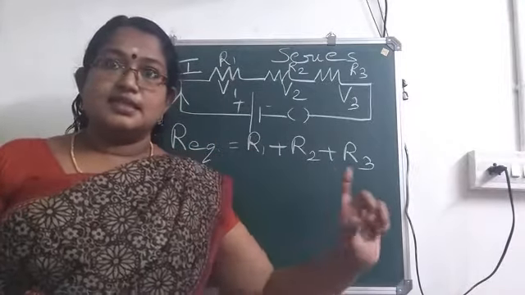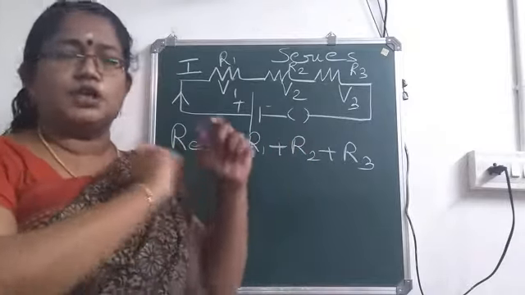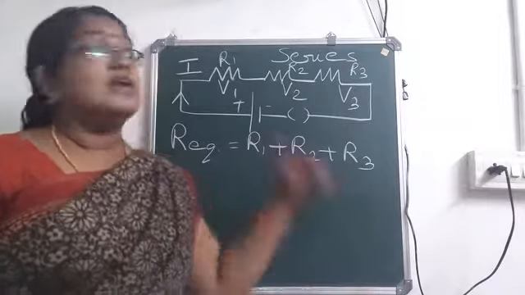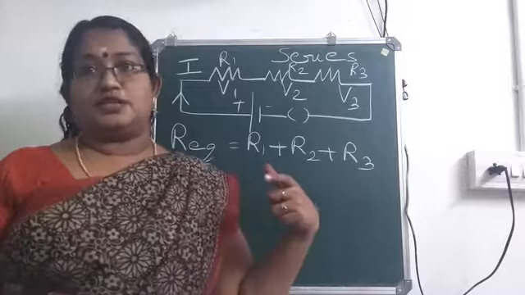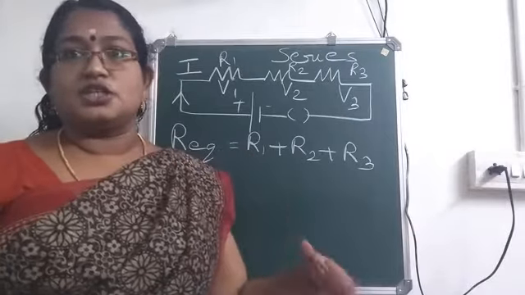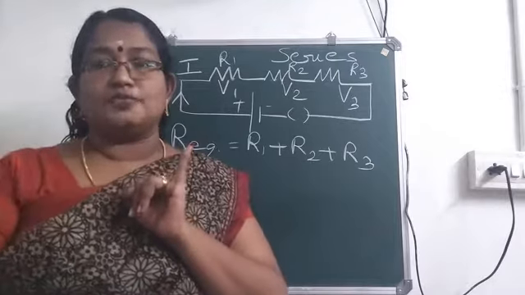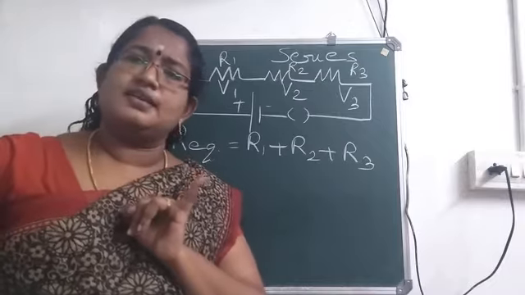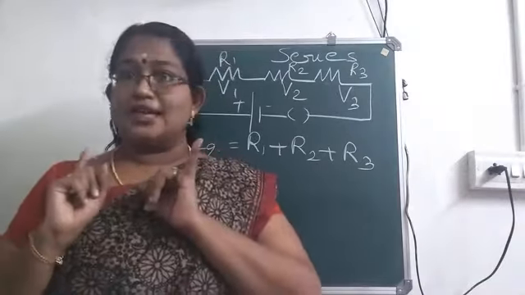First thing, series connection means we are connecting the resistors one after the other. That will be series connection. Starting end and the finishing end will be different. Then what all things do you have to remember? Total resistance will be the sum of the individual resistances. However many resistors are connected, if you add the resistance of all of them, you will be getting the equivalent or the total resistance.